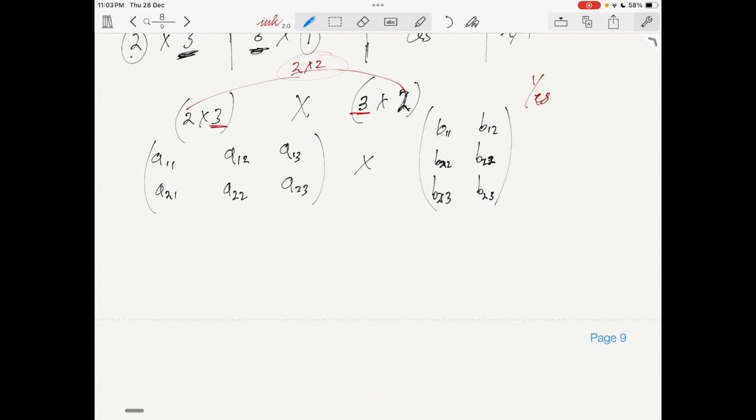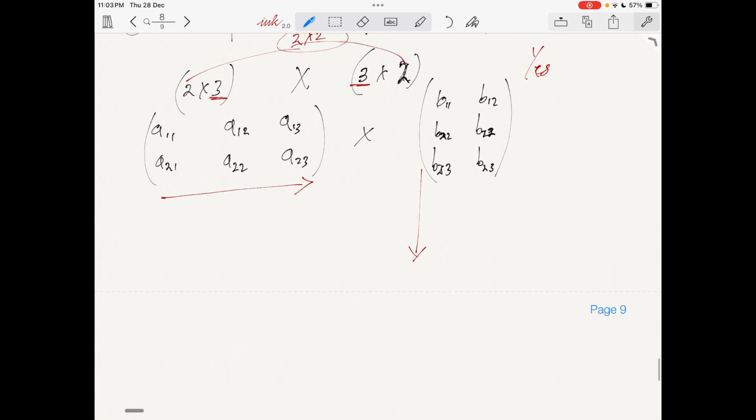So the order of multiplication of matrices is that the elements of a row in matrix A are multiplied by the corresponding elements in the column of matrix B. So that means we are taking the row and multiplying it by the column.